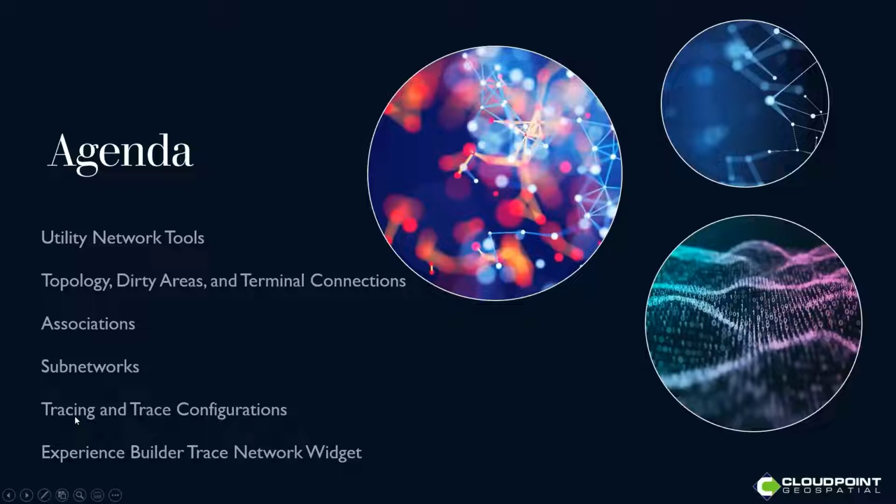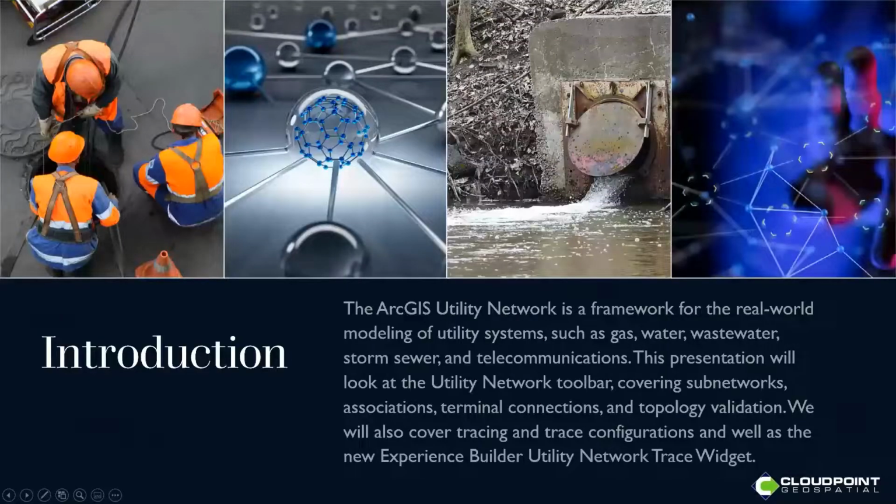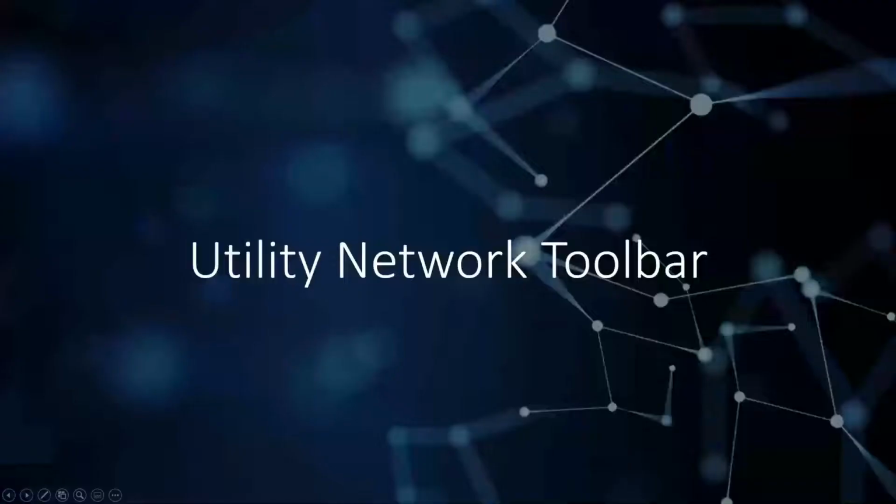Finally, we'll look at tracing and trace configurations, and how we can use those trace configurations in the new Experience Builder Trace widget. So again, the utility network is the framework for the real-world modeling of various utility systems: gas, water, electric, and wastewater. And again, we're going to focus on the toolbar covering subnetworks, associations, terminal connections, etc.